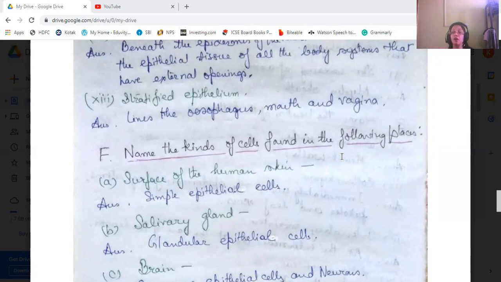And also you can memorize their function according to the cells. Just below the cells, write the tissues, and just below that, write whatever the function is.